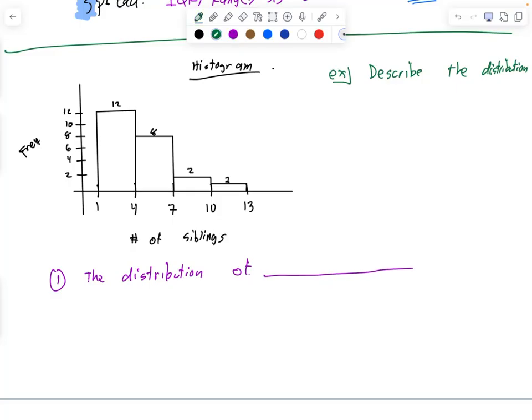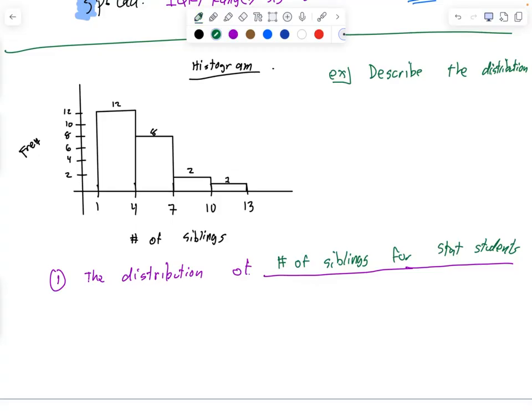Now, let's get to the next thing. Number 2. What's the next thing that we need to talk about? Shape. So how would we describe the shape? Skewed right. Okay, guys, we're running out of time.